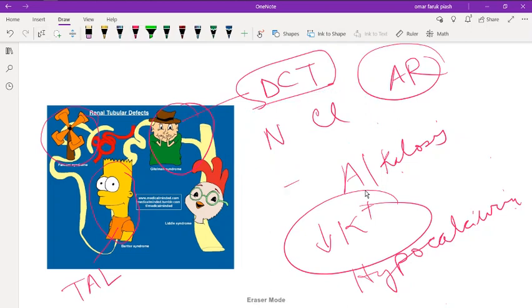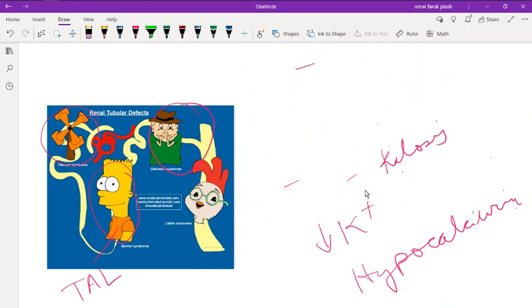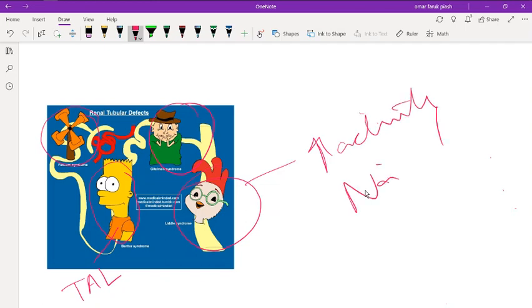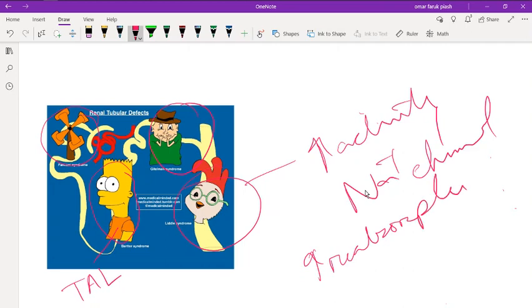And now Liddle syndrome. What happens in Liddle syndrome? There is a gain of function mutation, so there is increased activity of the sodium channel and increased reabsorption in the collecting tubule.